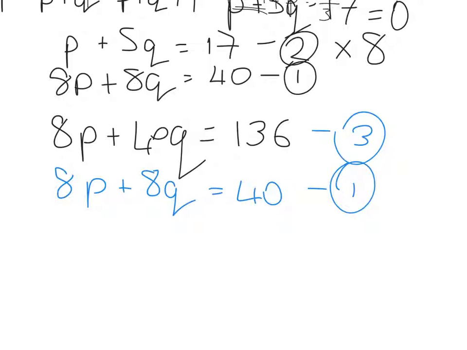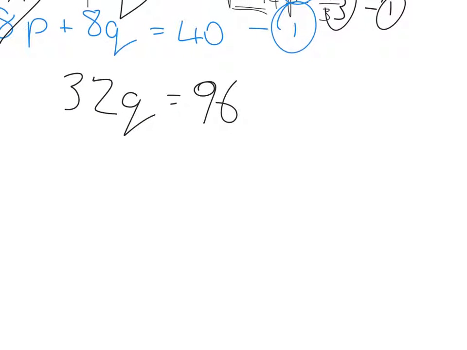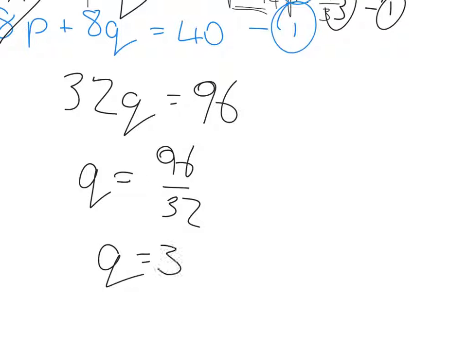So the signs are same, I'm going to subtract, so the p's will go, 40q take away 8q is 32q, and 136 take away 40 will give me 96. It's then q is equal to 96 over 32, which is equal to 3.